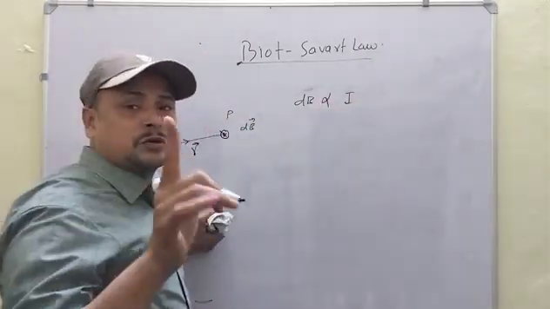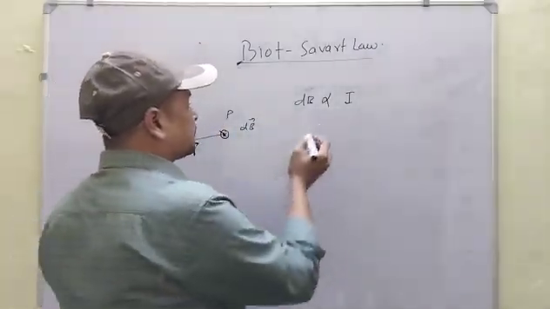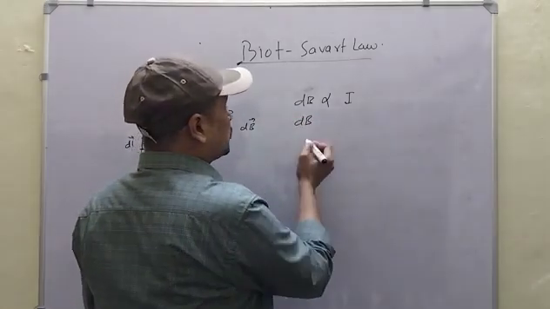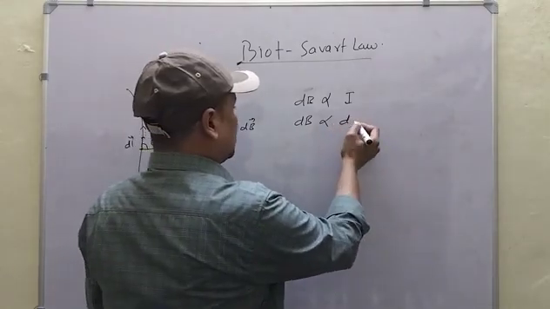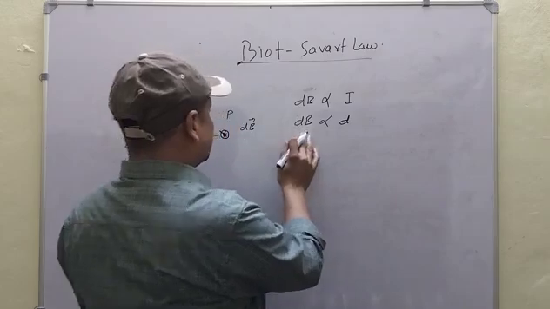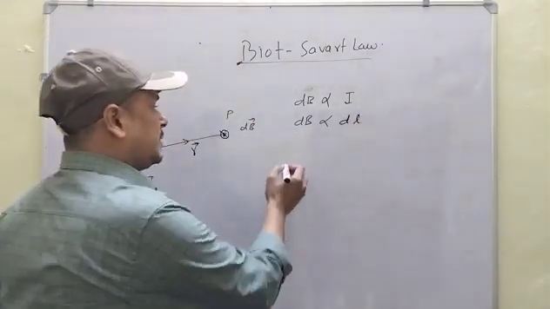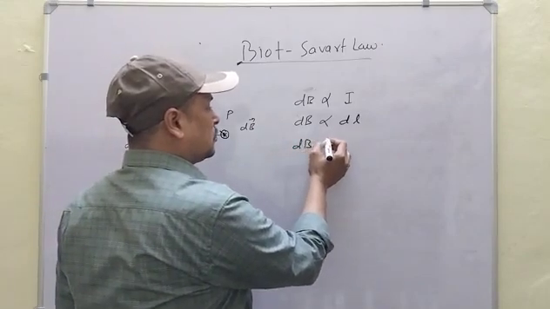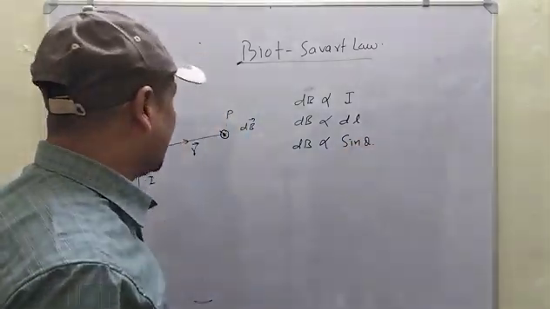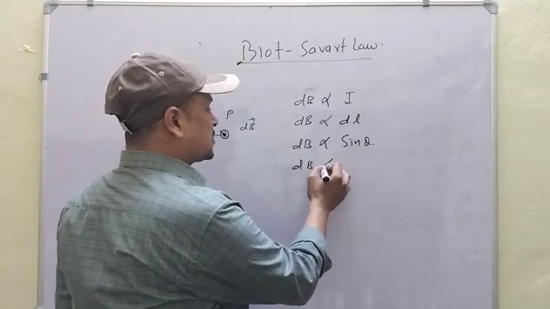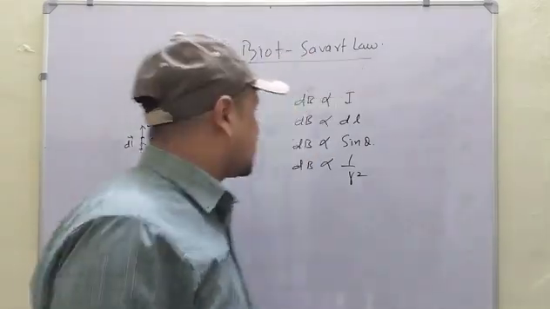The more the current, the more the magnetic field, because of current there is the magnetic field. And according to Biot-Savart law, dB is also proportional to dl, and proportional to sine of theta, the angle between dl and r, and inversely proportional to r square, the square of the position.